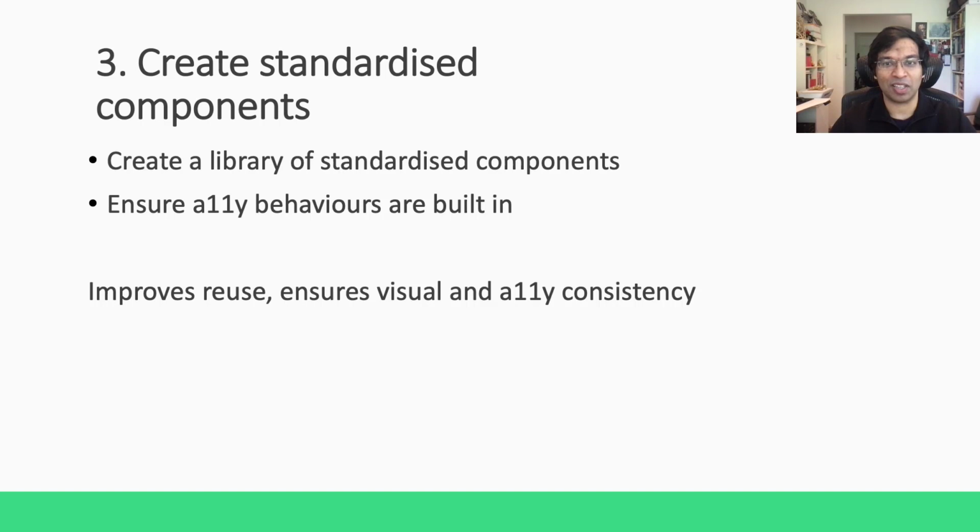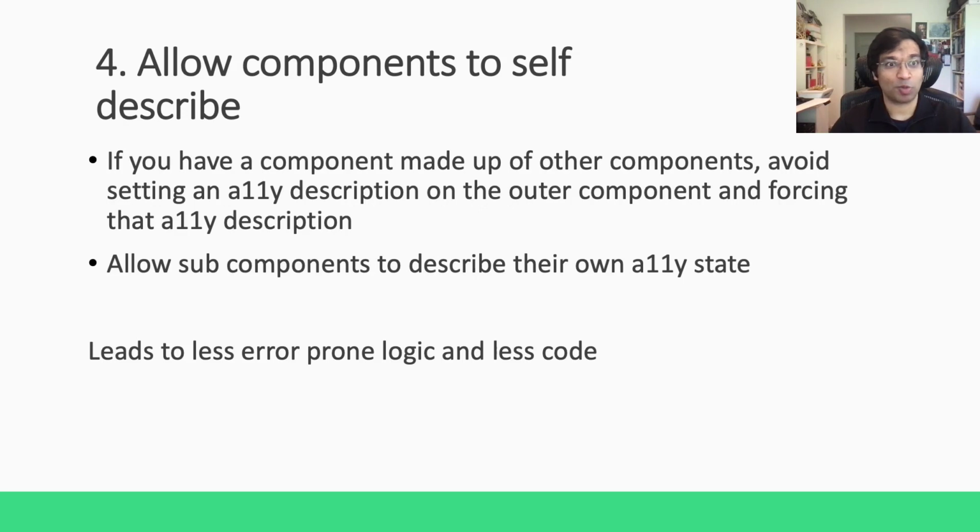These behaviors could be things like building in sensible defaults wherever possible, making sure that whenever you're setting text content, you have a setter so you can provide alternative accessible content for that text, and also incorporating implicit accessibility behaviors into the code. This ensures that you can have very consistent visual and accessible components and improves reuse throughout your application.